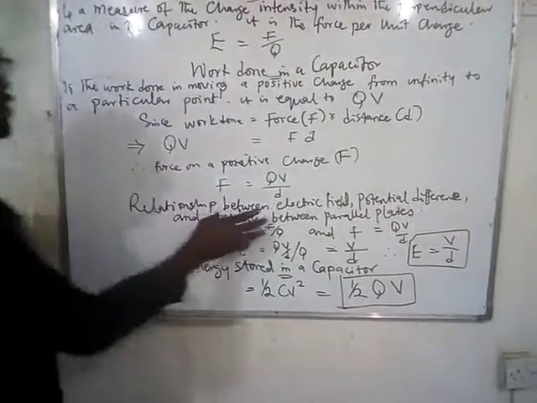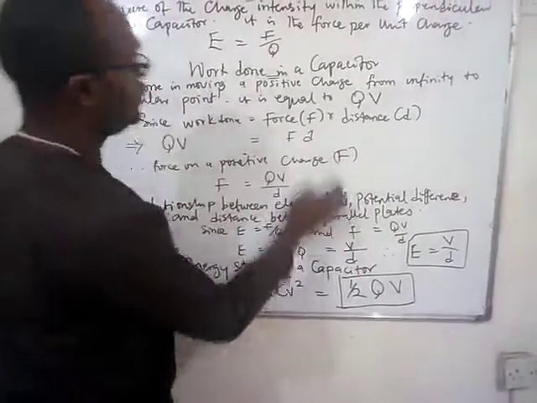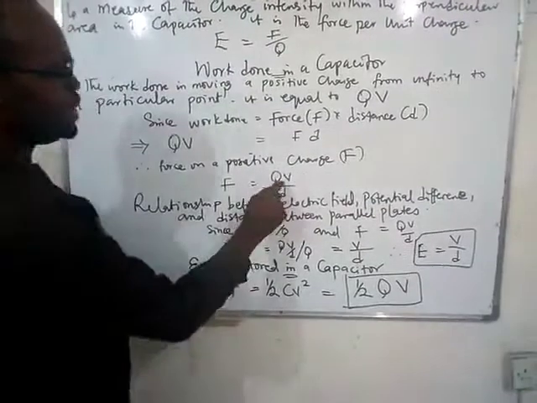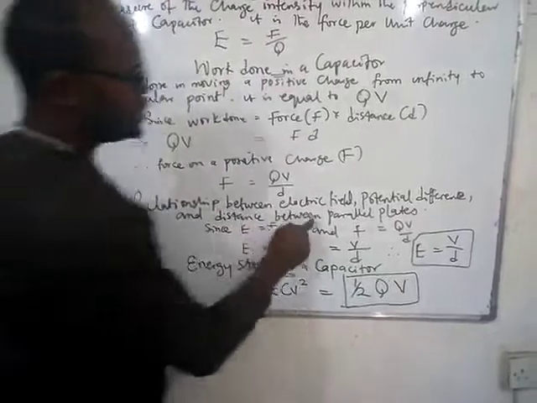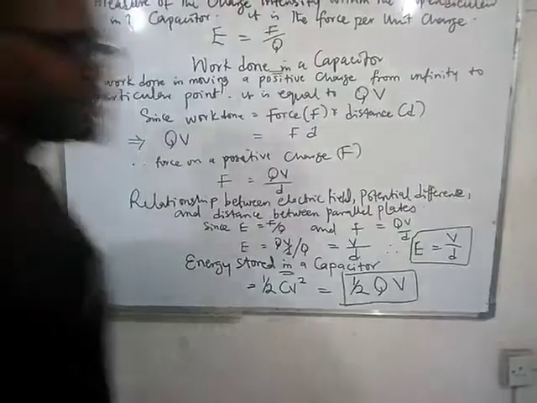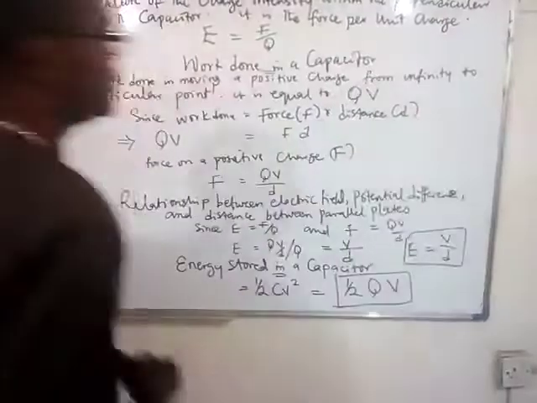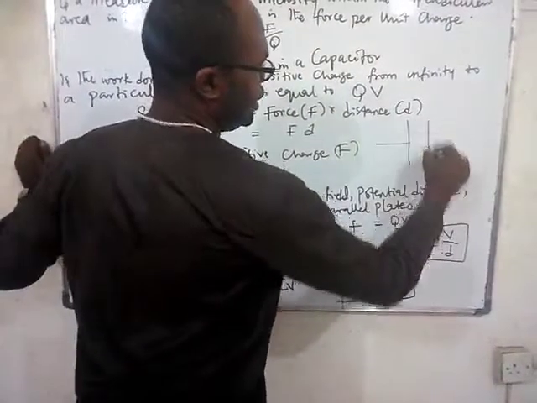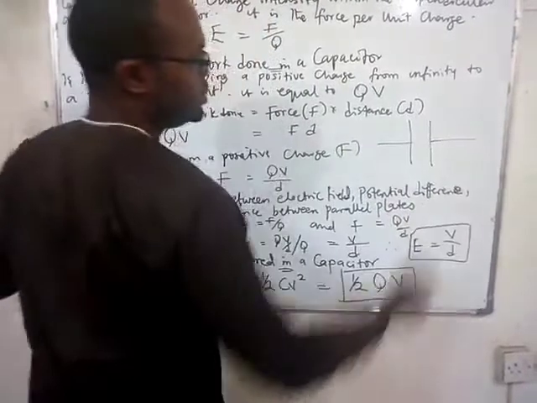Now, let's look at the relationship between electric field E, potential difference V, and distance between parallel plates. This is the representation of a capacitor.